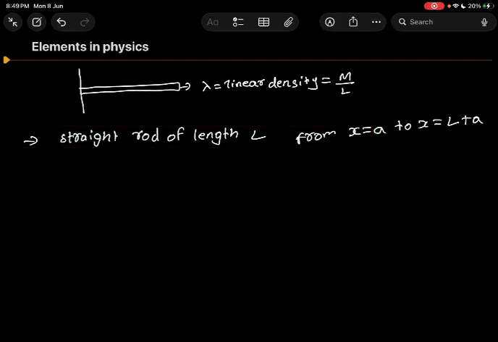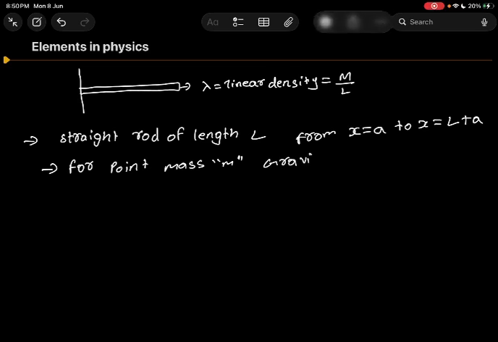So the gravitational force on a point mass M, force for point mass M, gravitational force. I'm very bad with spelling. If I make some mistakes, please forgive me.